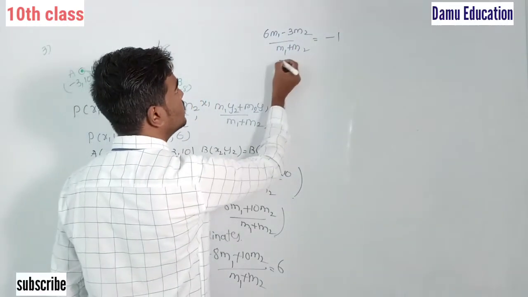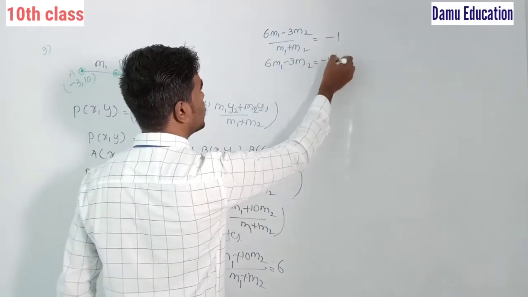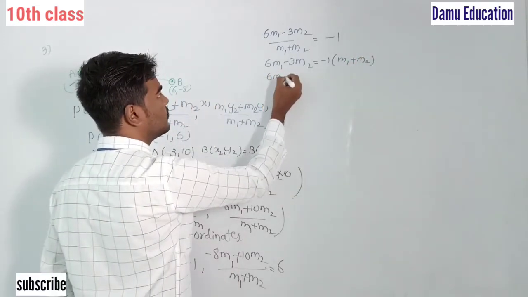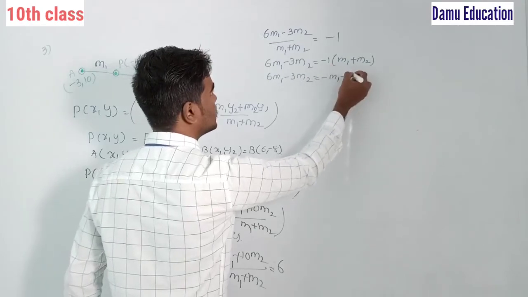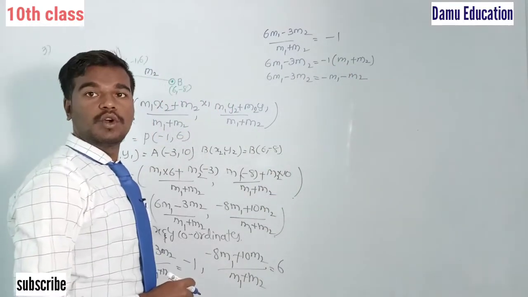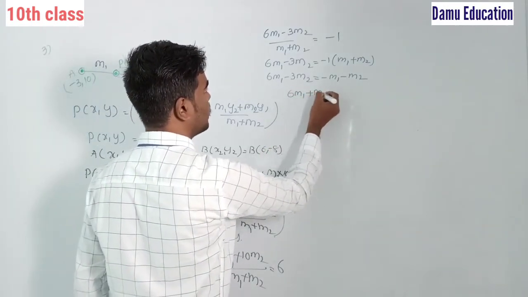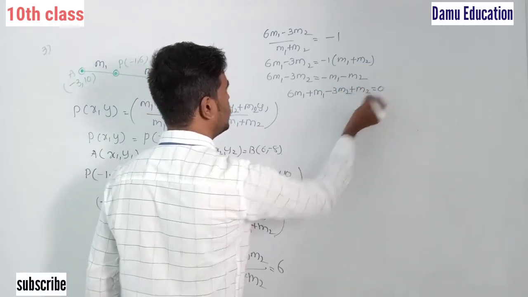Then 6 m1 minus 3 m2 will be equal to minus 1 into m1 plus m2, that is minus m1 minus m2. Shift all this to the left side: 6 m1 plus m1 minus 3 m2 plus m2 will be equal to 0.